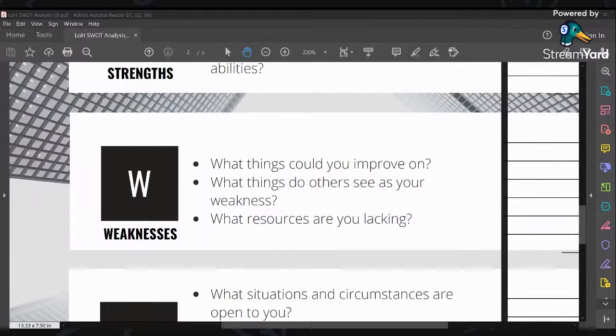Being honest and brutal with yourself when it comes to identifying weaknesses gives you the opportunity to find areas either where you can improve, or areas that you're not even going to address to some degree.